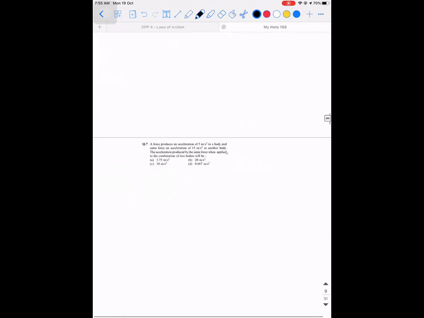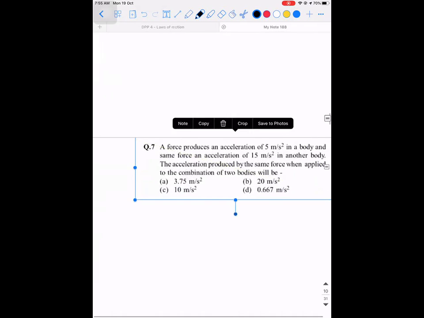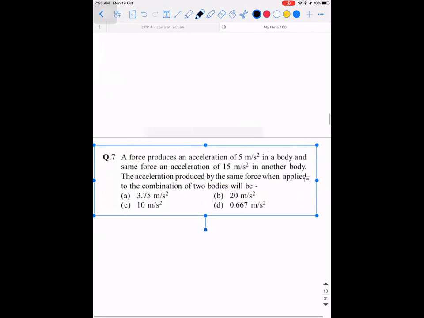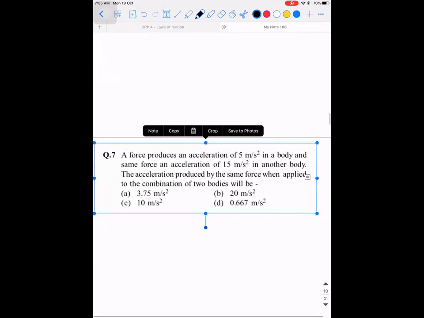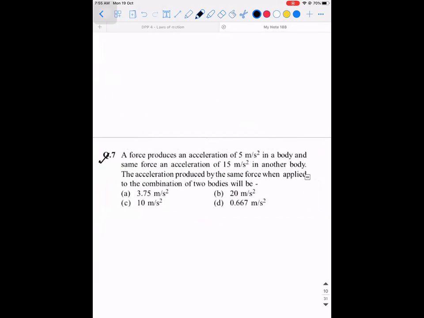Now listen. Now see. A force produces an acceleration of 5 meters per second square in an object, and the same force produces an acceleration of 15 meters per second square in another object. So the acceleration produced by the same force when applied to the combination of the two bodies will be.